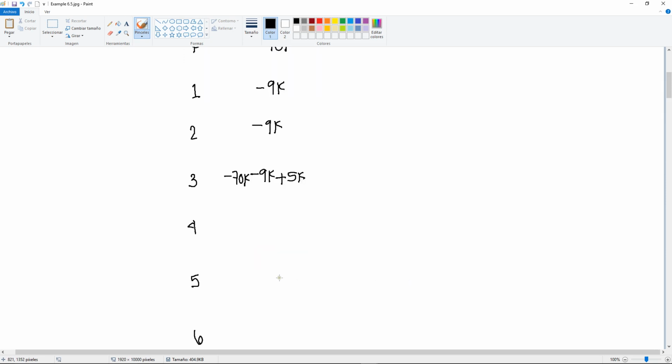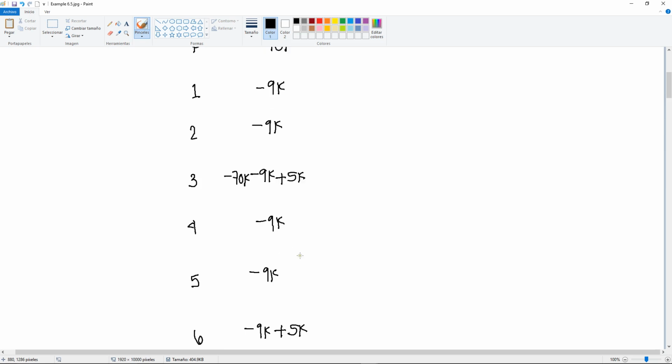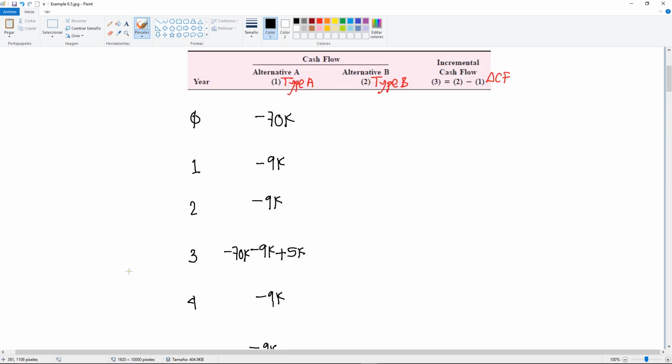Then year 4, we only have minus 9,000. Year 5, minus 9,000, and in year 6 we have the minus 9,000 for the A plus the salvage value for the second cycle. So this is what we're going to have for alternative A.